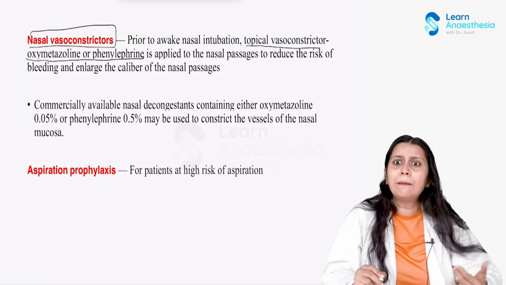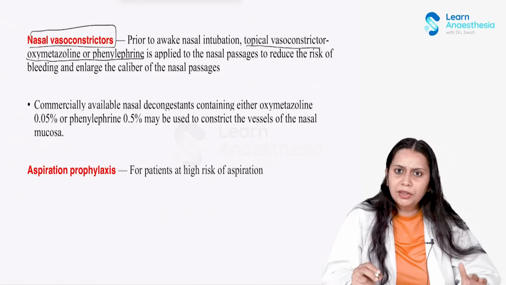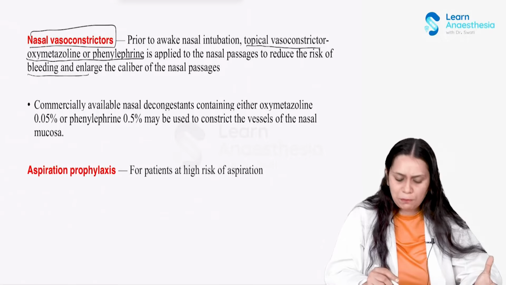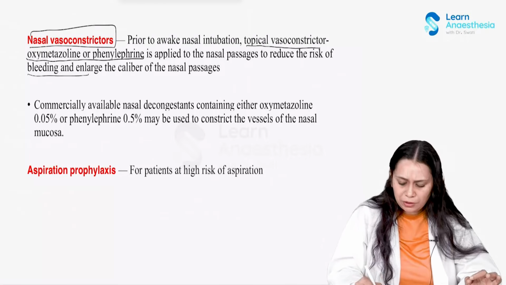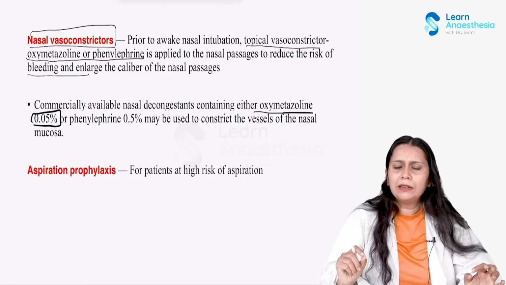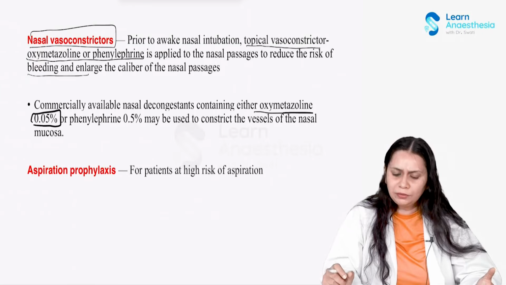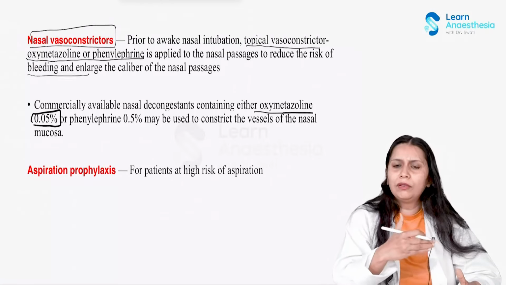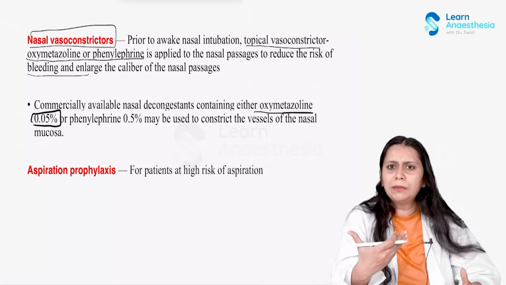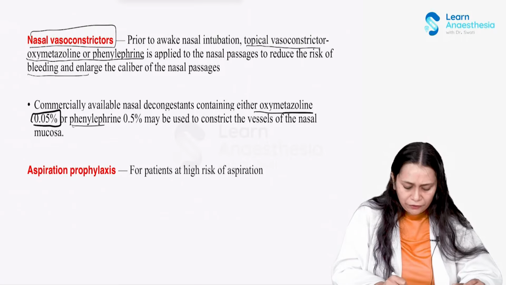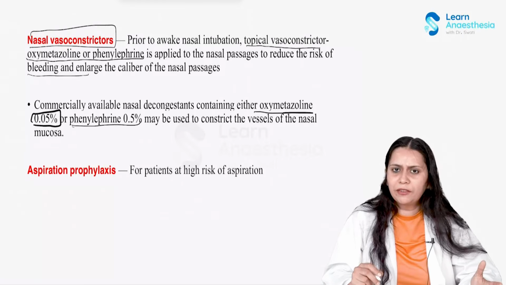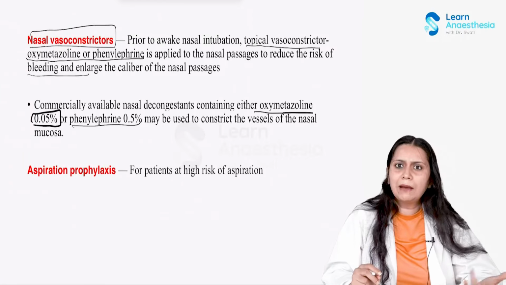Oxymetazoline is considered a better one; it reduces the risk of bleeding and it also enlarges the caliber of the nasal passage. The commercially available oxymetazoline concentration is 0.05%. We apply it twice before the procedure: once at the same time as we are giving the glycopyrrolate, and once just 10 minutes before the procedure. Phenylephrine 0.5% is available. So 0.05% oxymetazoline and 0.5% phenylephrine. Oxymetazoline is considered a better one.